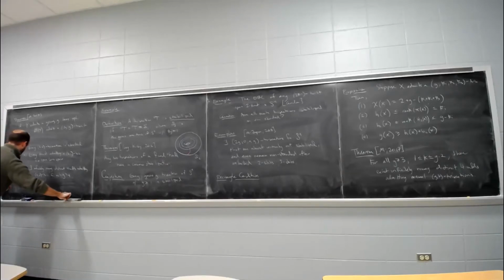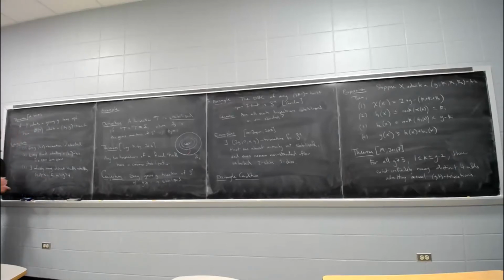Although, I should say two comments, which I'll say out loud because I'll talk about them next week. The first is that trisection genus turns out not to be a homeomorphism invariant.